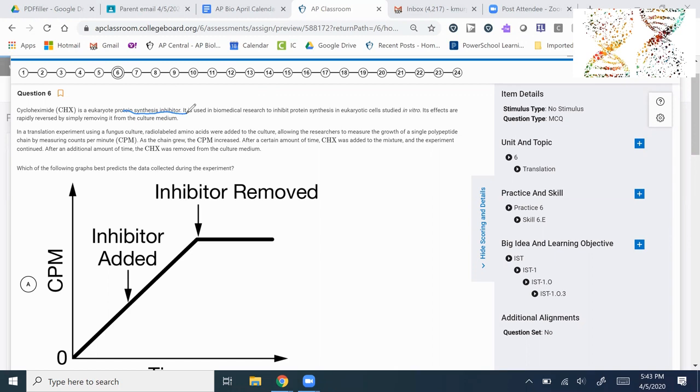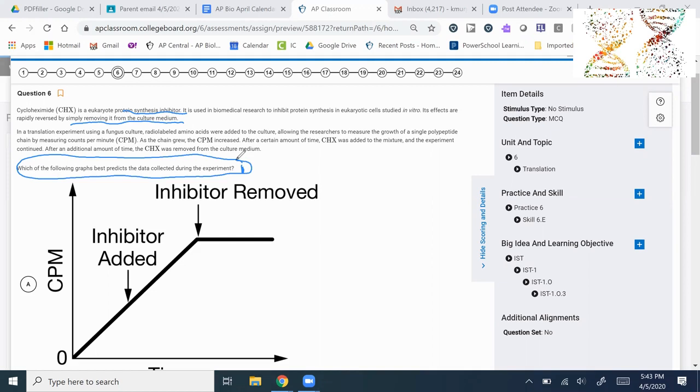So again, it's an inhibitor, and it says it's used in research to inhibit protein synthesis. Its effects are rapidly reversed by simply removing it from the culture medium. All right, so let's look at what this question is. It says, which of the following graphs best predicts the data collected during the experiment?